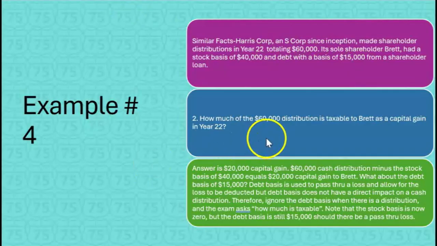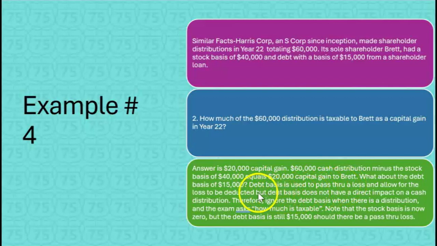And this time they want to know how much of the $60,000 distribution is taxable to the shareholder as a capital gain in year 22. And the answer is $20,000. You've got a $60,000 cash distribution minus only the stock basis of $40,000. That's going to equal the $20,000 capital gain to the shareholder.